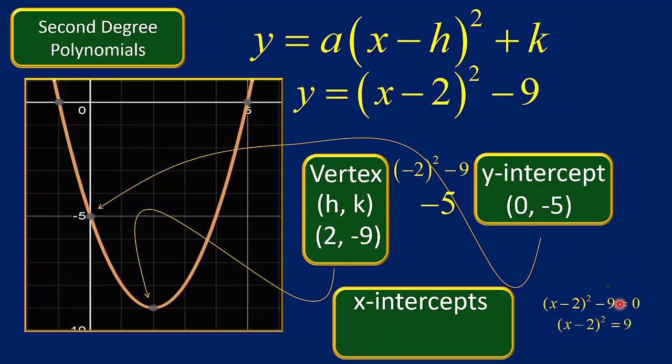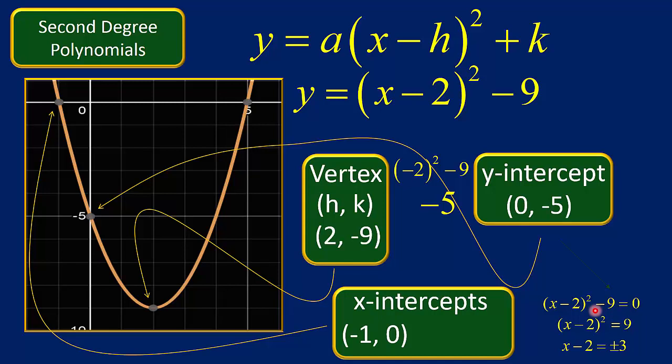So I'll bring the 9 over. Then I square root both sides, and I get that x minus 2 is plus or minus 3. Or if I brought the 2 over, 2 plus or minus 3, and I get -1, 0. That's an x-intercept. And I get 5, 0. That's another x-intercept.